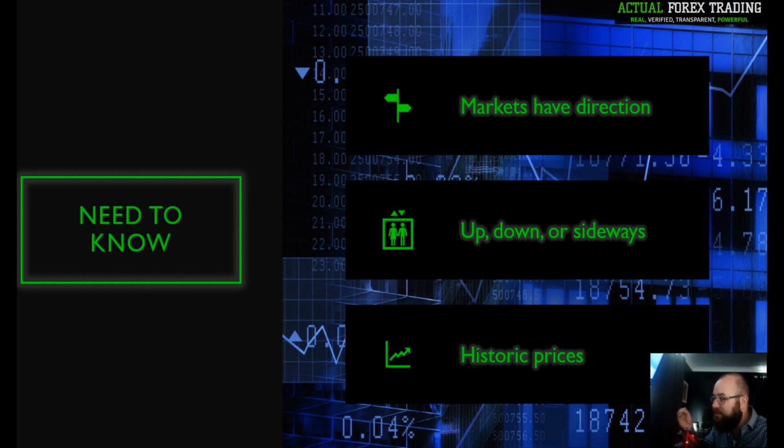What was the direction of Euro US dollar a year ago? What is the direction of Euro US dollar today? To know that, we need to look at price data, and that's generally done by looking at a price chart.